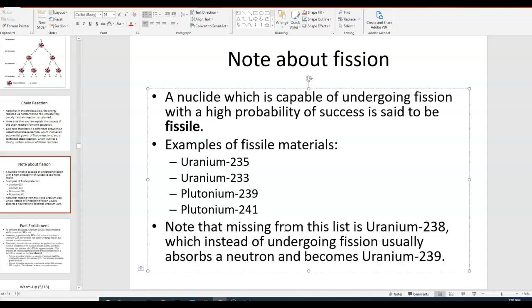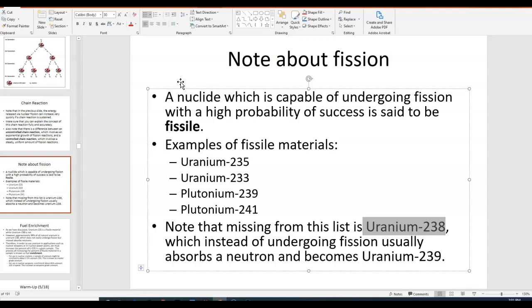Note what is not an example of a fissile material is uranium-238. Uranium-238 is not fissile. It is theoretically capable of undergoing fission, but it's not very likely. Typically, uranium-238 absorbs a neutron rather than bursting and causing fission.